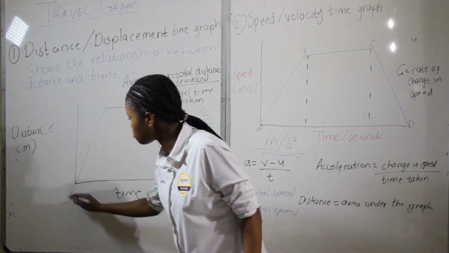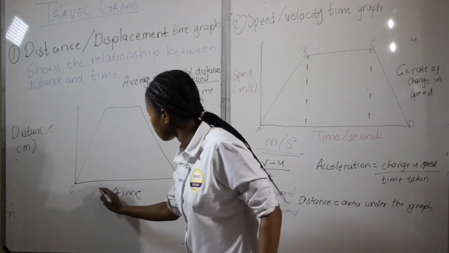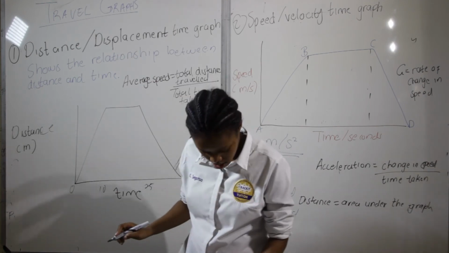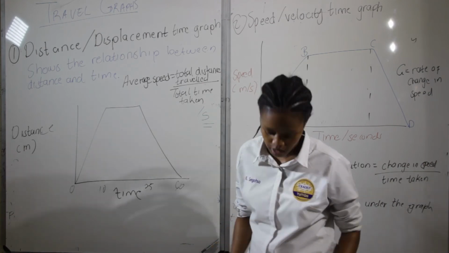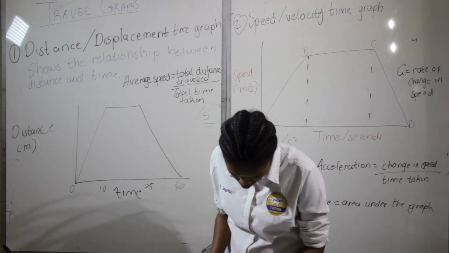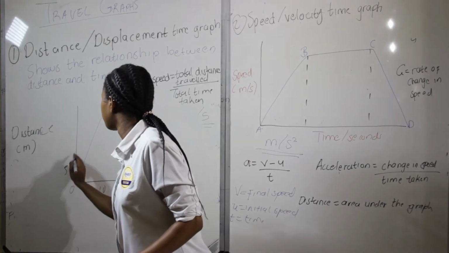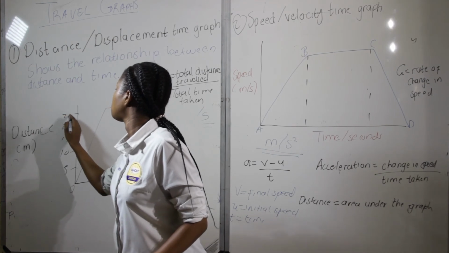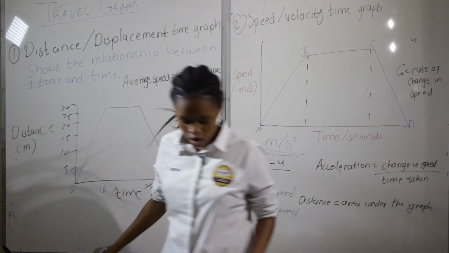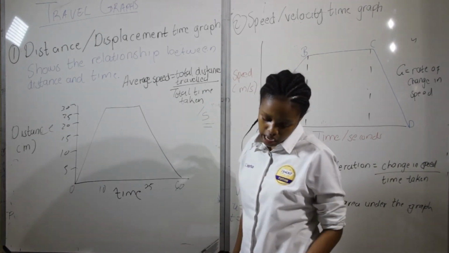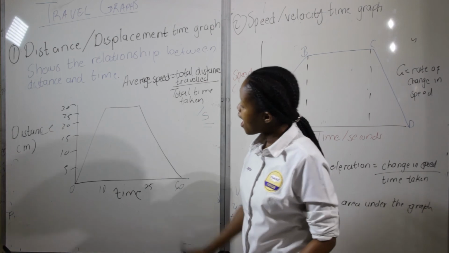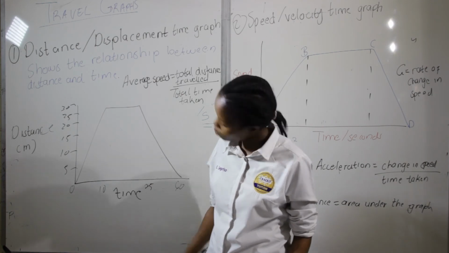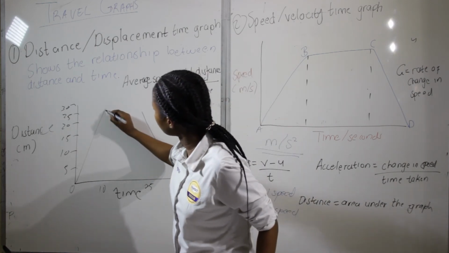Let's say here it's 0, and your 10 falls here, and the 25 falls here, and the last one falls at 60, with time 0, 5, 10, 15, 20, 25, and 30. So the question says, calculate the speed of the body from the first 10 seconds. What are you going to do?